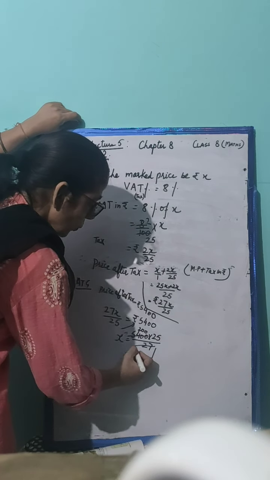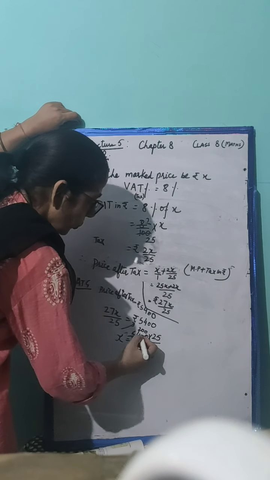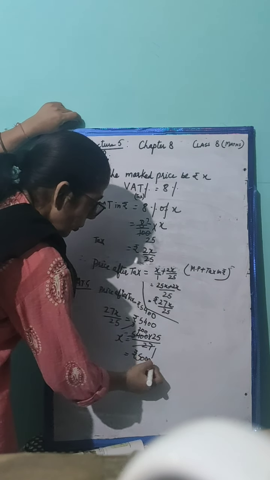And answer is rupees 25 2s are 50 and 2 more zeros.